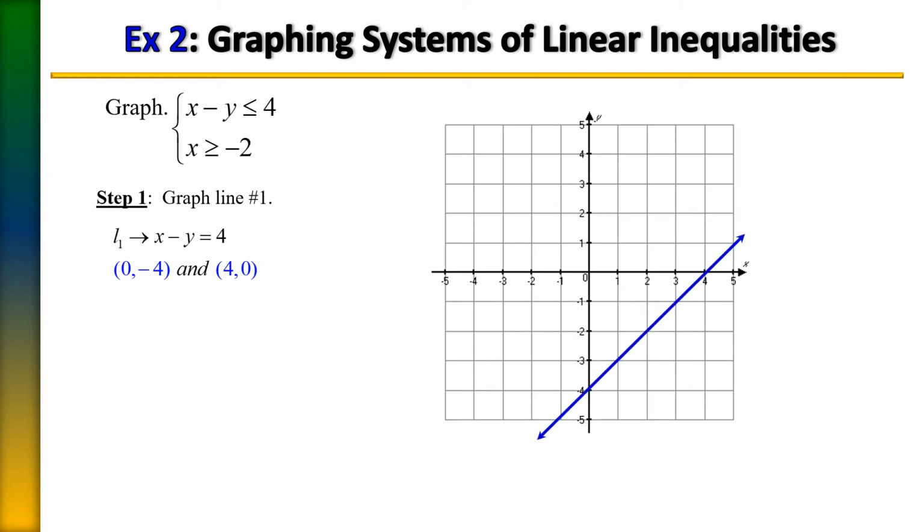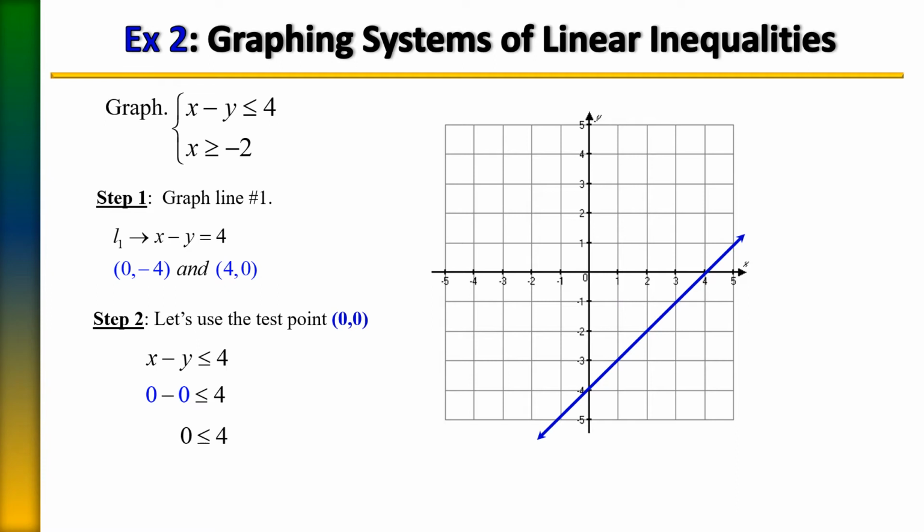Now we need to determine whether we're going to shade the upper or the lower boundary of that line. All we have to do is use the test point 0, 0, remove both the x and y and replace them with zeros and do the math and read the statement. Statement is 0 is less than 4.